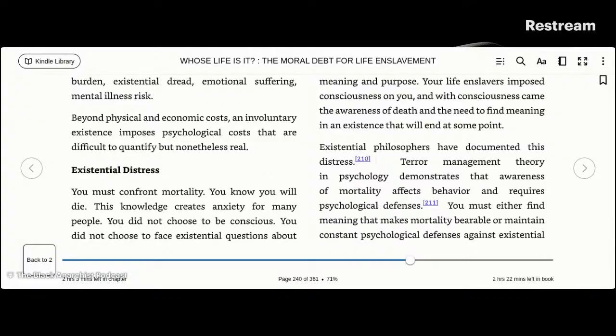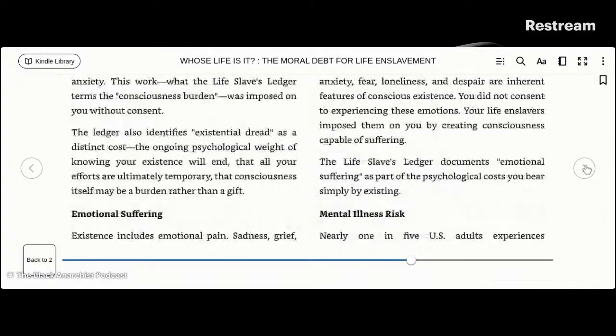You must either find meaning that makes mortality bearable or maintain constant psychological defenses against existential anxiety. This work, what the Life Slave Ledger calls consciousness burden, was imposed on you without consent. The ledger also identifies existential threat as a distinct cost, the ongoing psychological weight of knowing your existence will end, that all your efforts are ultimately temporary, that consciousness itself may be a burden rather than a gift.